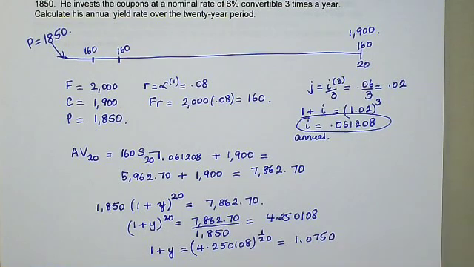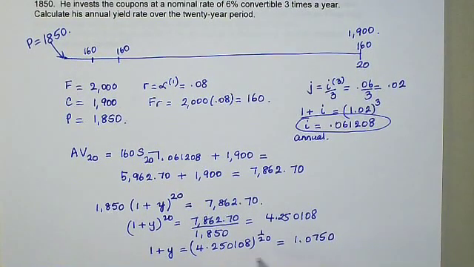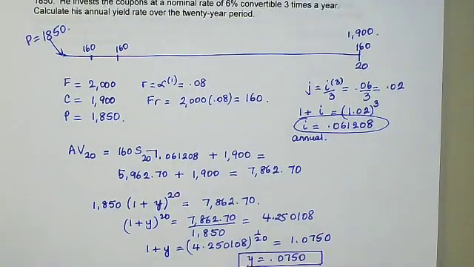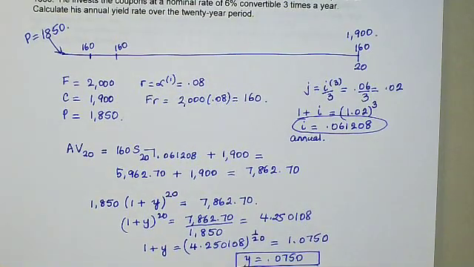is equal to that to the 1 over 20th power, which is 1.0750. Therefore, y, the yield rate, is 0.0750.